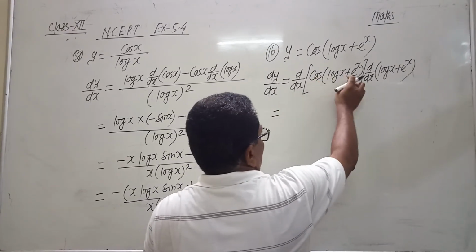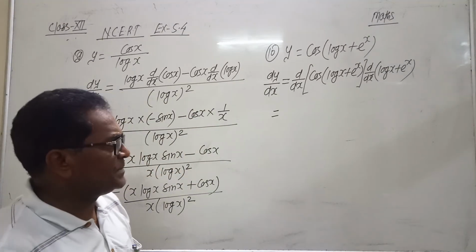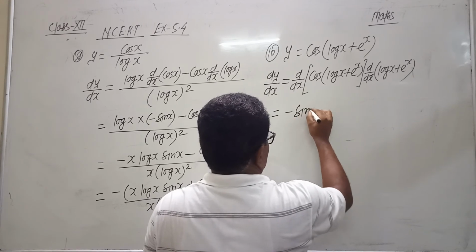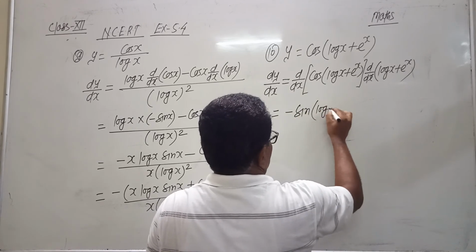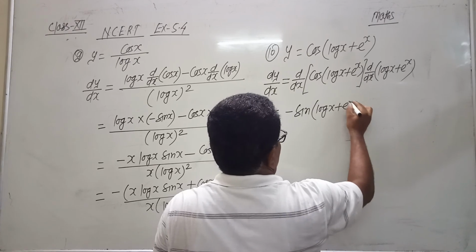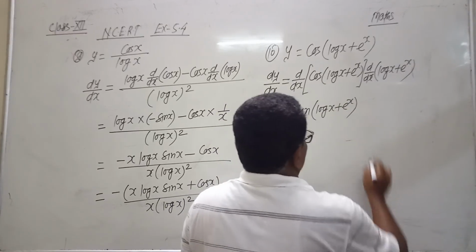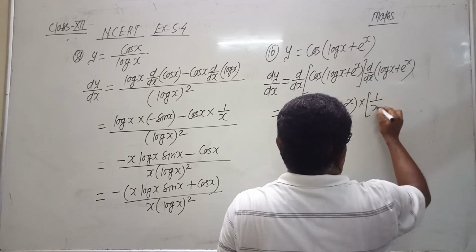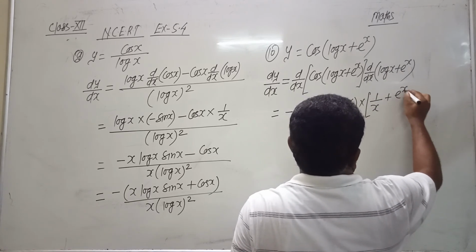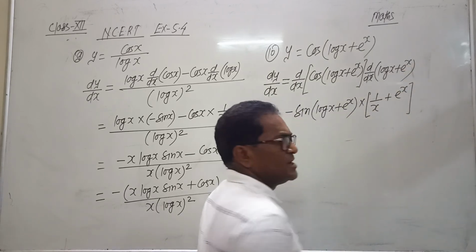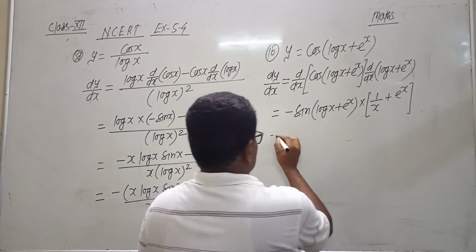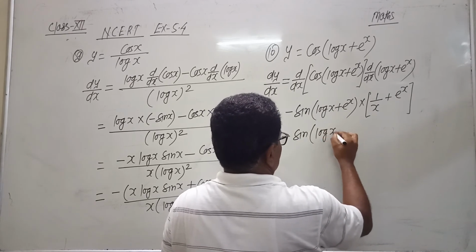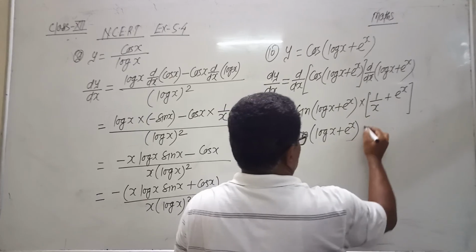So this is the form cos theta. At the place of theta, there is log x plus e raised to the power x. So differentiation of cos theta is minus sin theta. So minus sin of log x plus e raised to the power x, and differentiation of log x is 1 by x, and differentiation of e raised to the power x is e raised to the power x.